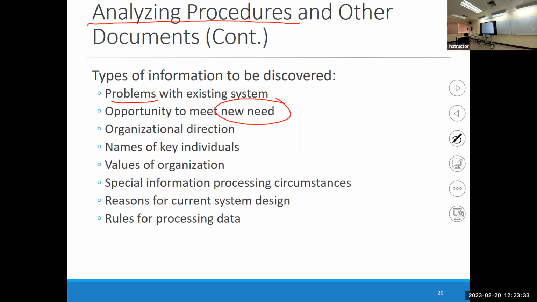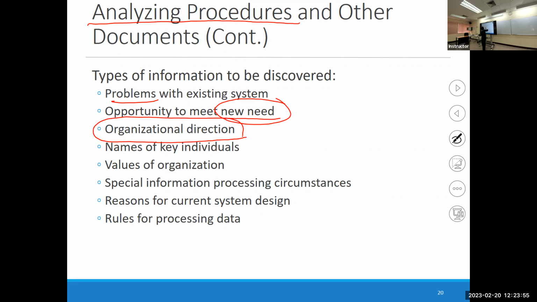Those requirements may not be up to date anymore. So we really need to identify new requirements, not just repeat the same thing the existing system can do, right? Identify new needs, new requirements.